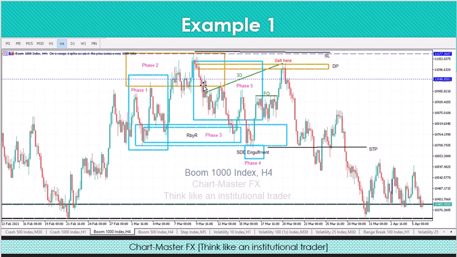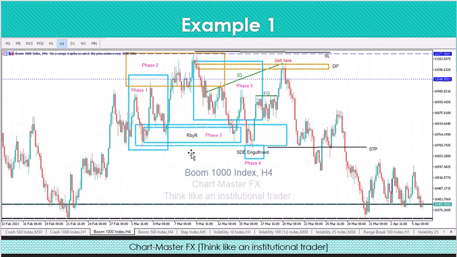On phase number three, we can see that this demand has been tested once, and it was also tested here. So it has been tested twice. Once we have a reaction by rejection of at least two, then we can consider phase number three valid. So you go to your checkbox and tick the phase number three box.